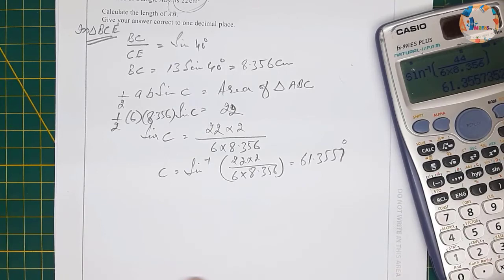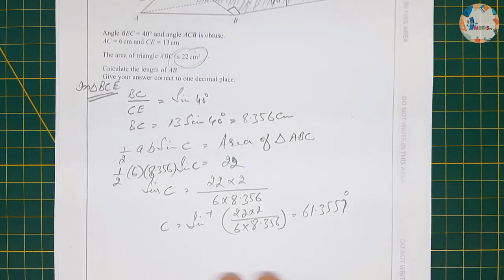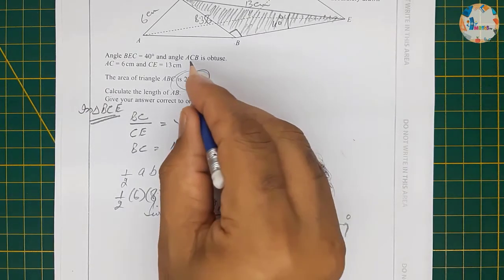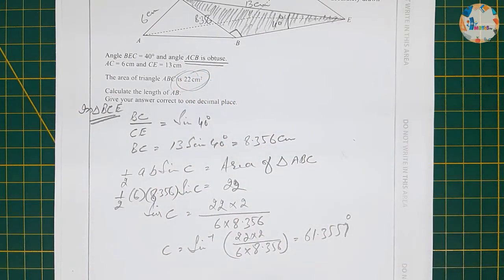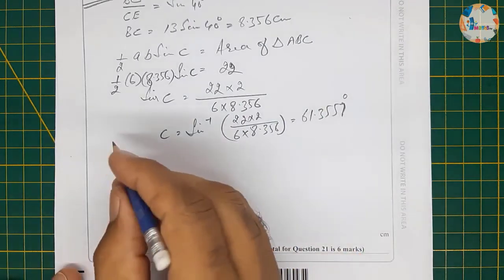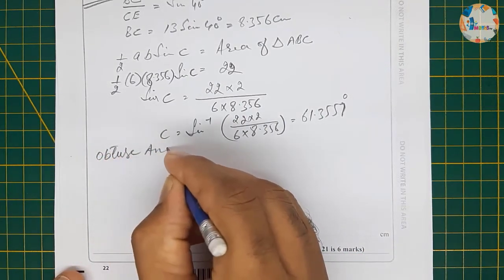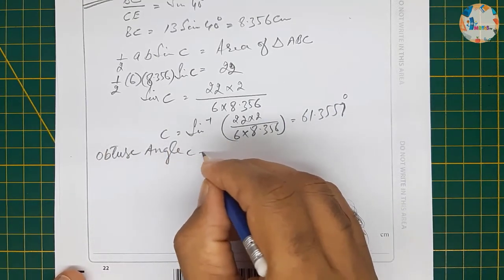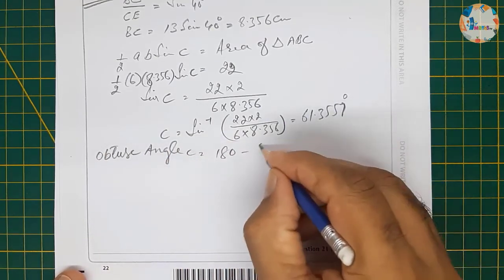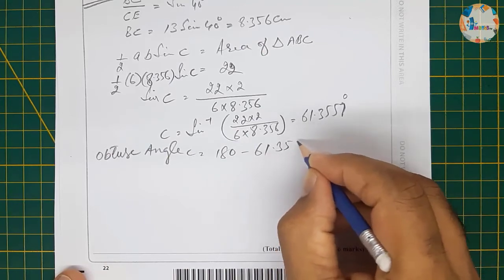And now this is the angle which they have provided us. Now we can find, because they have mentioned this is an obtuse angle, it's mentioned in the question. So ACB is an obtuse angle, so obtuse angle C will be equal to 180 minus 61.3557.